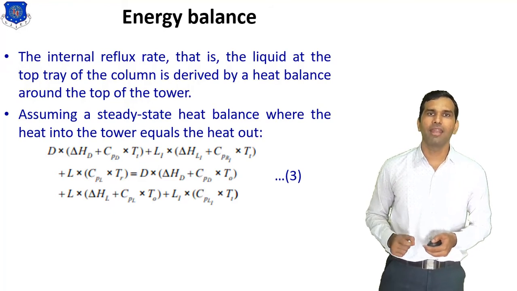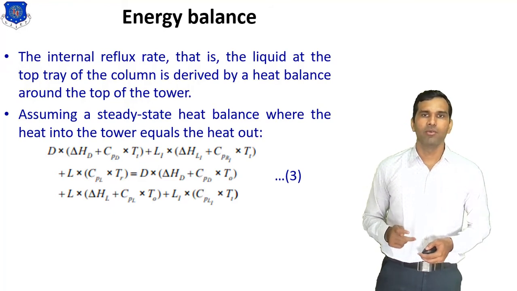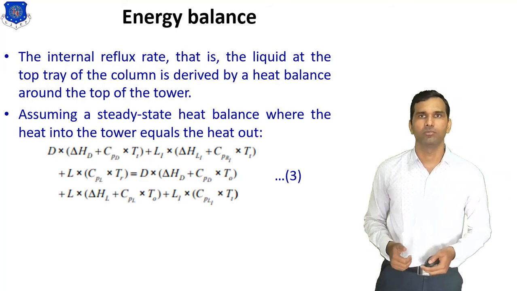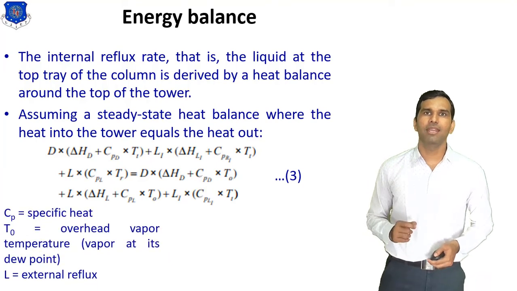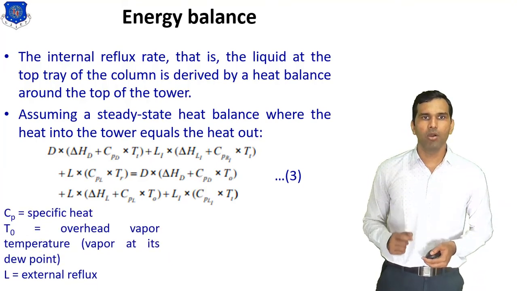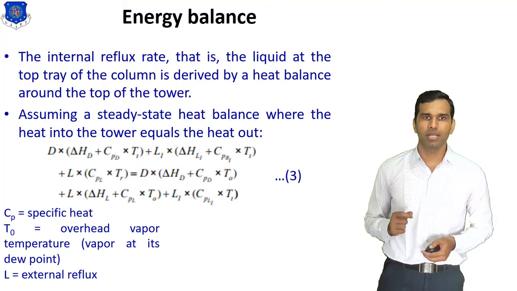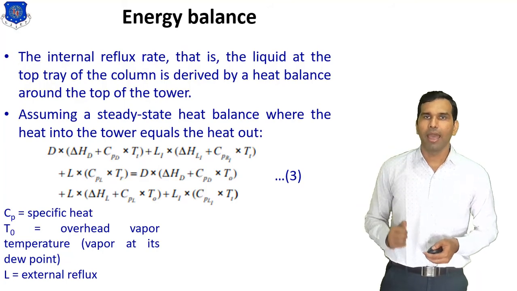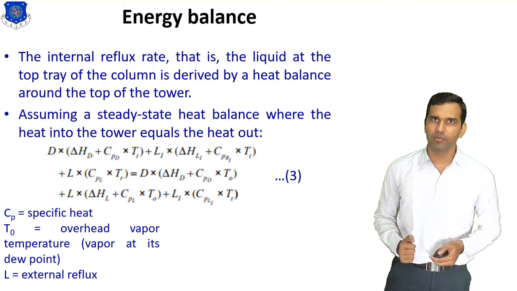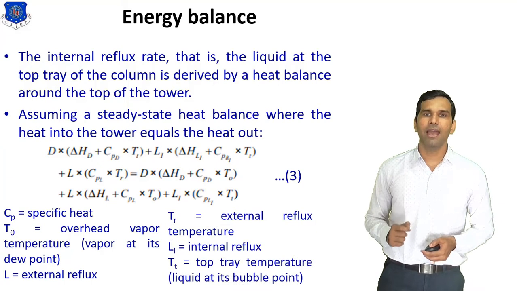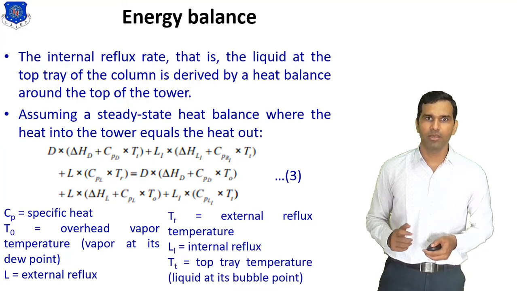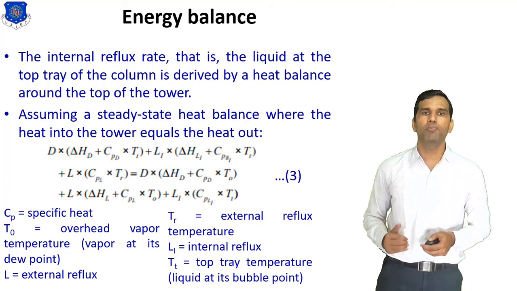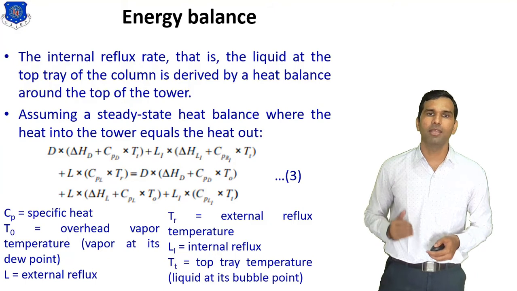So this is the energy balance equation when we consider the heat into the tower equal to the heat out. Here CP indicates the specific heat, T0 indicates the overhead vapor temperature, or the vapor at its dew point, L indicates the external reflux, TR indicates the external reflux temperature, LI indicates the internal reflux, and TT indicates the top tray temperature, that means liquid at bubble point.